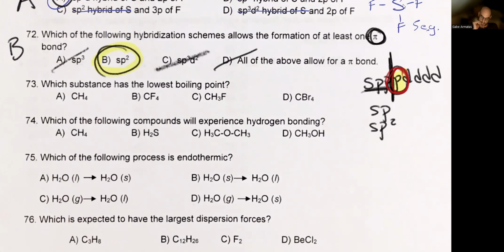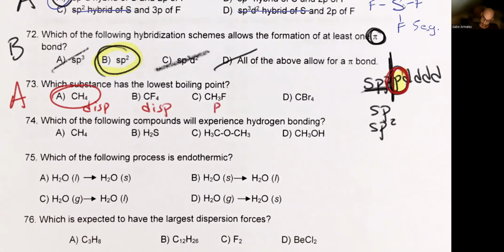Next up, which substance has the lowest boiling point? The lowest boiling point is going to be the smallest thing, and also the thing with the least number of intermolecular forces. This has dispersion forces, and that's it. The answer is A. CF4 also has just dispersion forces, but it's heavier than CH4.